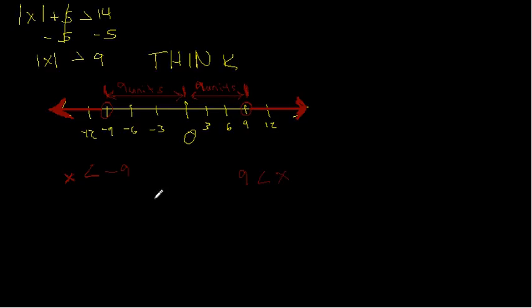So the way that you would read this entire compound inequality is x is less than negative 9, or x is greater than positive 9. So x is less than negative 9, or x is greater than 9.